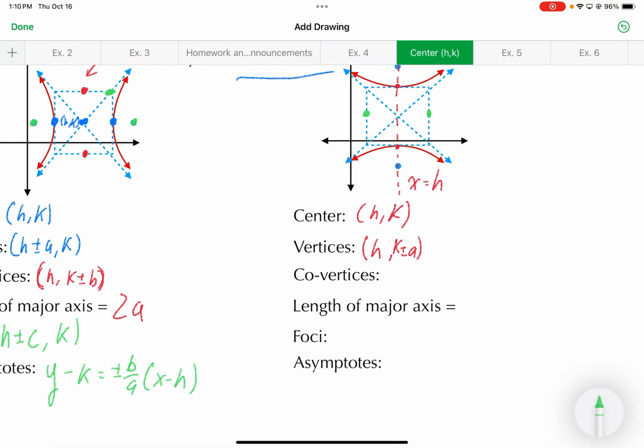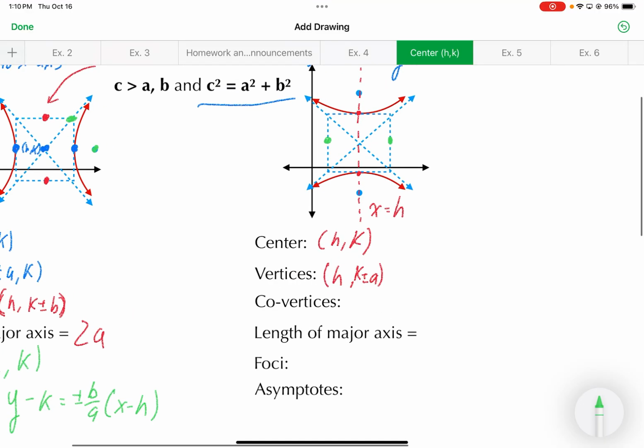And then my covertices, here and here. Covertices would be h plus or minus b, and then my k value stays the same. Length of my major axis is still what? 2a.